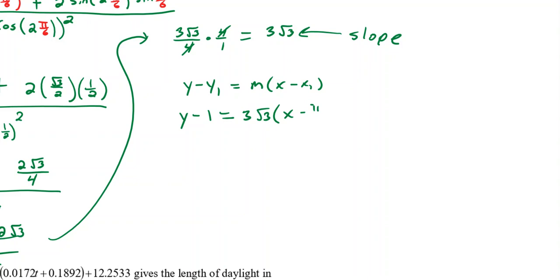So minus pi over 6. Okay, I'm going to write this part again. Y minus 1 is equal to. Now I'm going to expand this one out. So this would be 3 root 3 times x minus 3 root 3 times pi over 6.